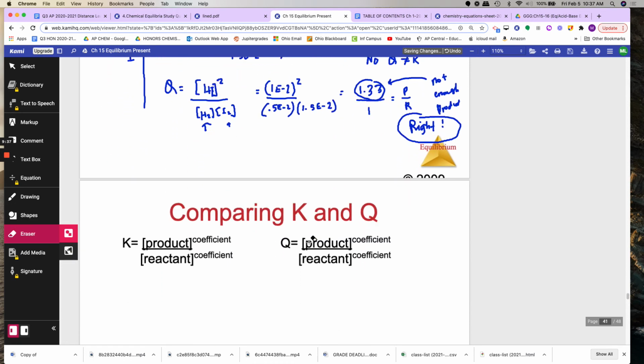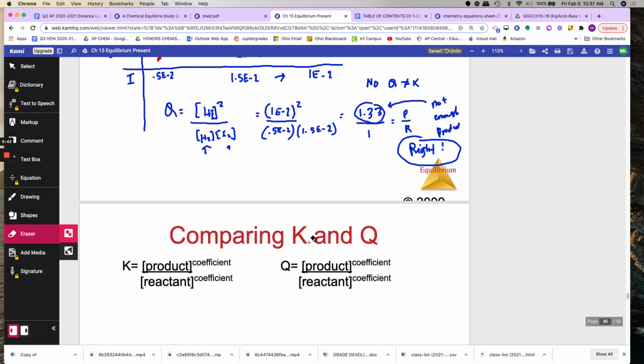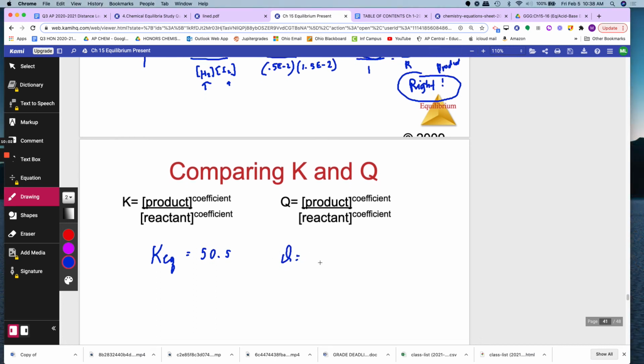Okay, so over here, comparing K and Q, just to show you what happens. If Keq is 50.5 and Q is smaller, let's say like the problem above, 1.33, that means this is products over reactants, this is products over reactants.